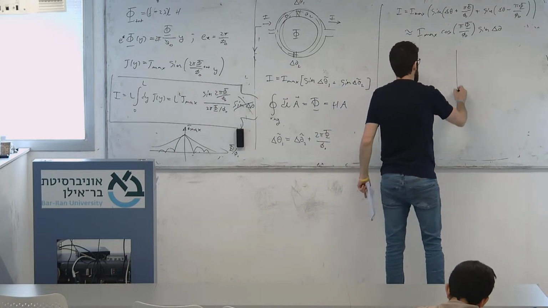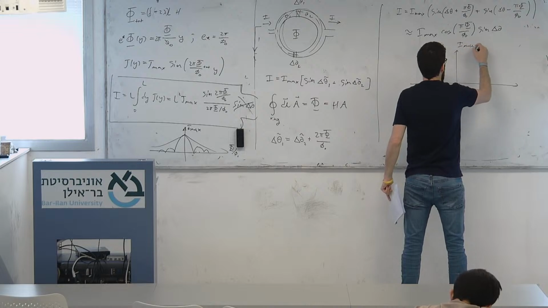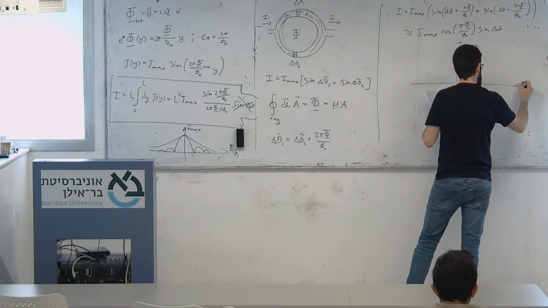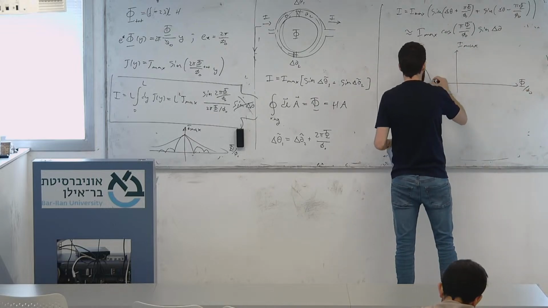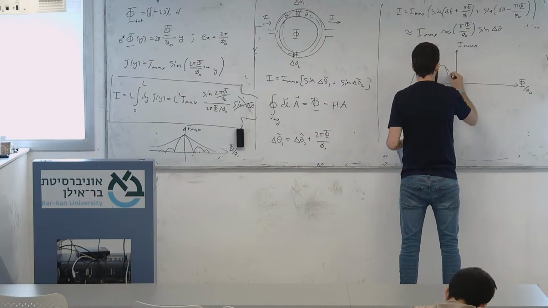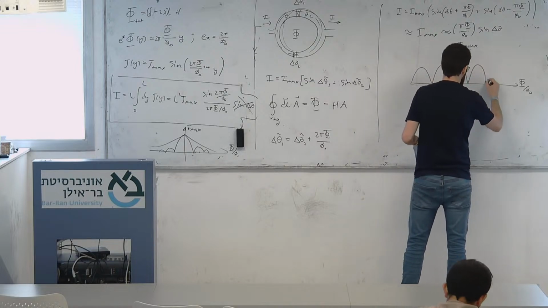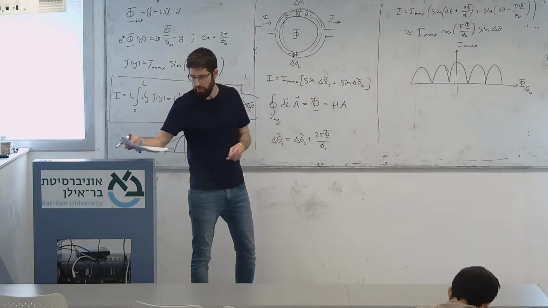And this implies that I max now is very different. It looks like this. So it's not decaying anymore as a function of flux.